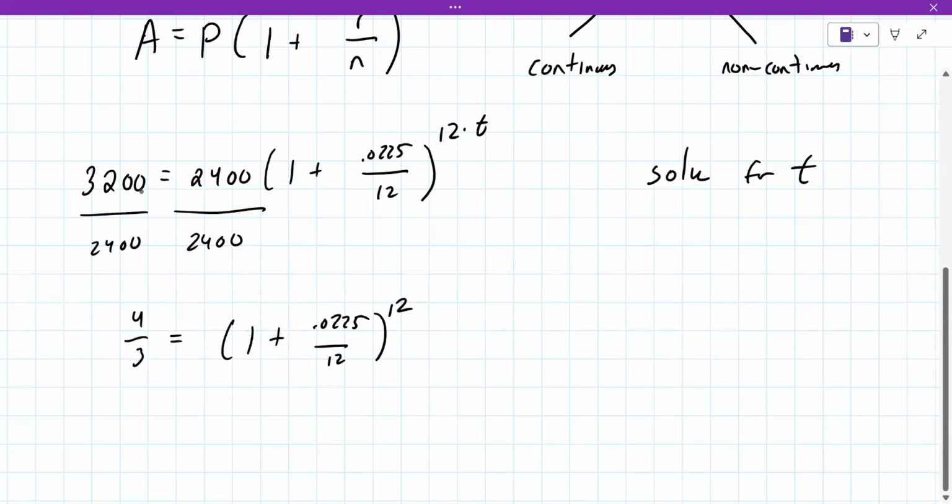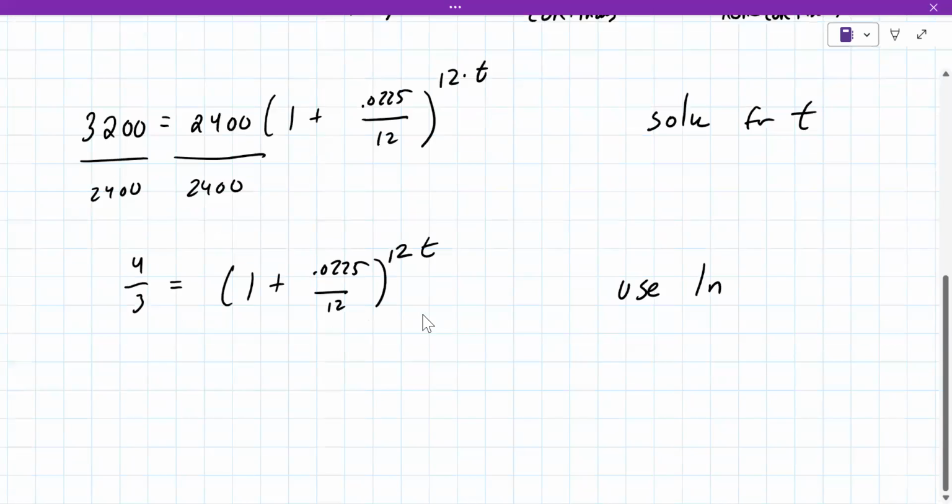I am going to do one other thing here. We have to remind ourselves, how do you get the variable out of the exponent? Do you remember that from earlier in the course? You take the inverse. ln. Like if it were squared, you'd square root it, but you use ln to get a variable out of the exponent.